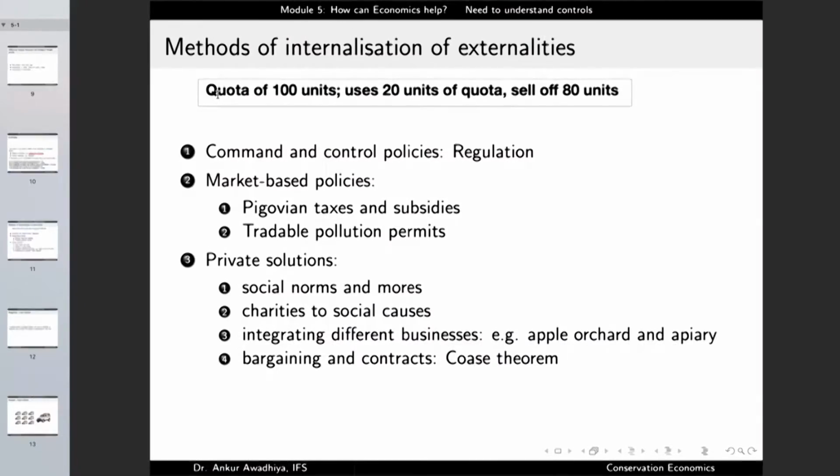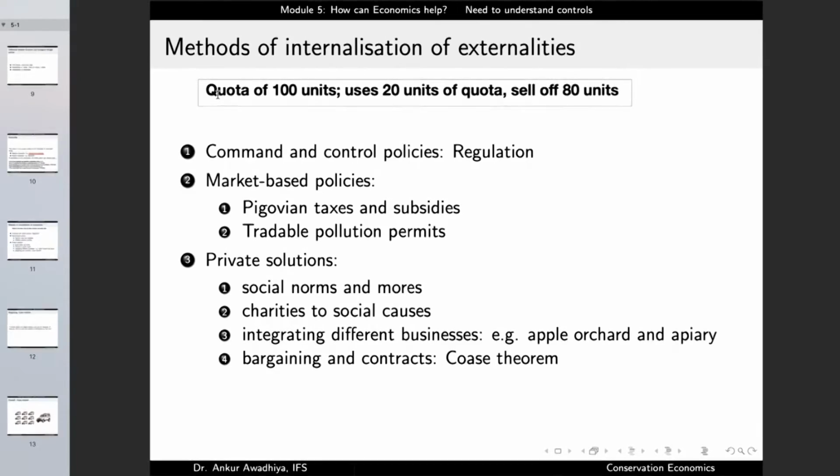And a big benefit in such scenarios to the society is that those industries for which it is easier and cheaper to reduce the levels of pollution, they become the first ones to reduce the level of pollution. So essentially, the society is able to reduce the pollution at a lower cost.